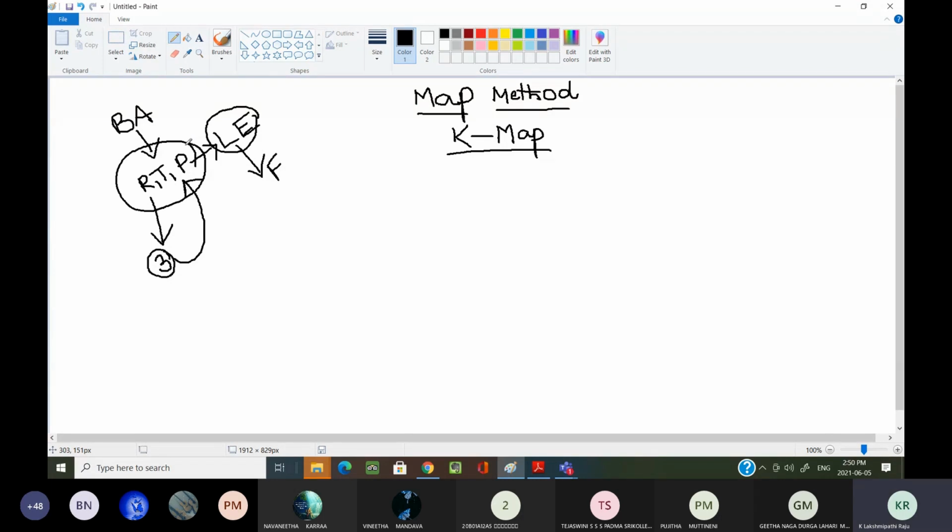We can simplify if the number of variables is 4 or 5, but the complexity increases, and we have to remember so many rules and theorems.